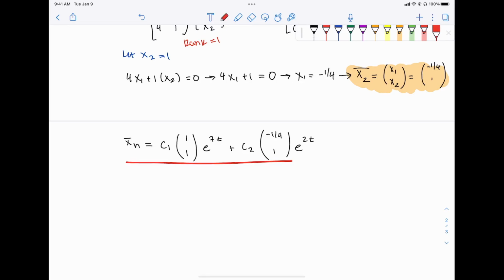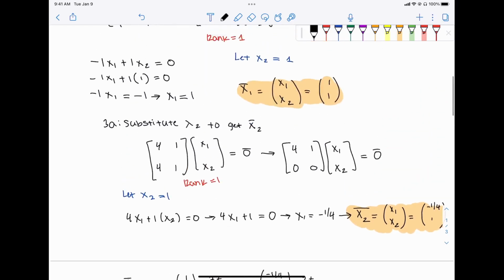So we just found the first thing that we need to actually get a solution to this set of non-homogeneous differential equations. Okay.